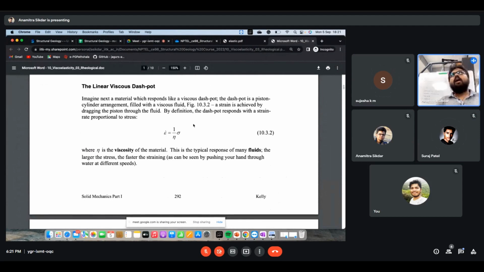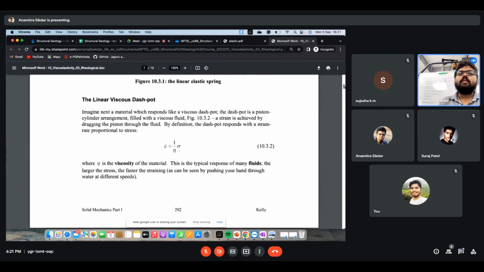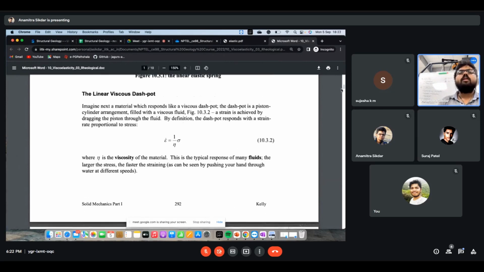What if the response of the material is not linear? If the material is not behaving like a spring, there is another simple model for that, called the viscous model. One is the linear elastic model, and the other is the linear viscous model.